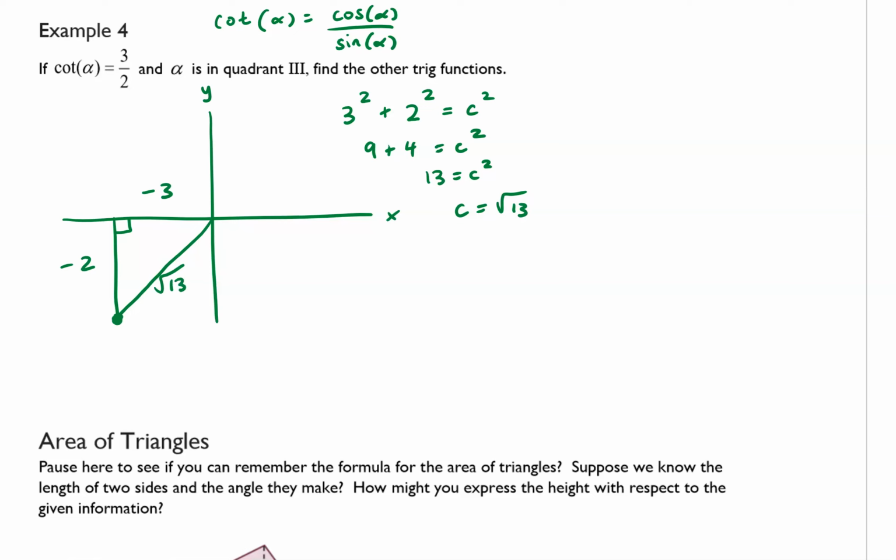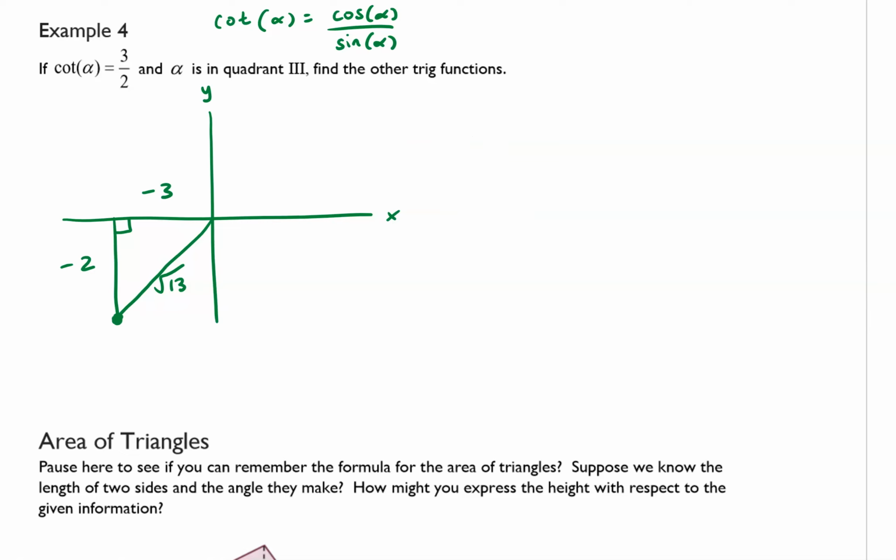So to reiterate, this is not on the unit circle since our radius, or the length of the hypotenuse, is not equal to 1. We could scale it down so it is on the unit circle by dividing all 3 side lengths by the square root of 13, but I think it's just easier to work with it like we have it in this scenario.